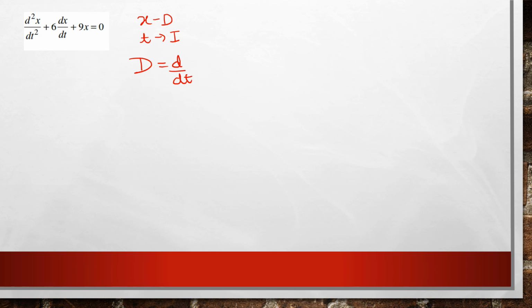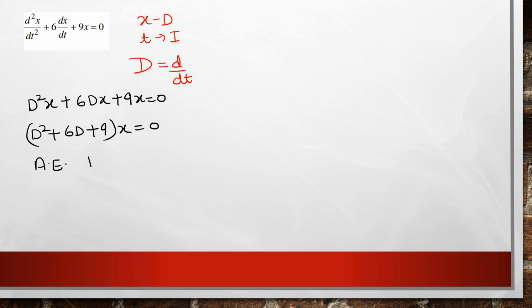The symbolic form is D square x plus 6 D x plus 9x equal to 0. So (D square plus 6D plus 9) x equals 0. So what is the auxiliary equation? The auxiliary equation is D square plus 6D plus 9 equal to 0.